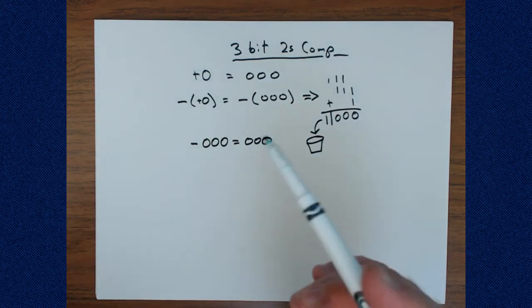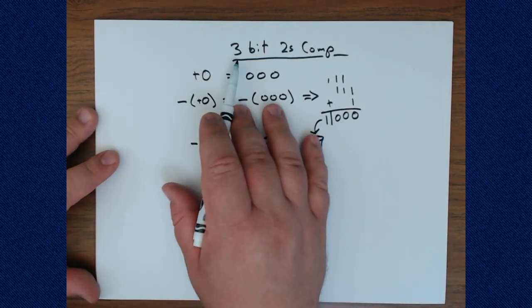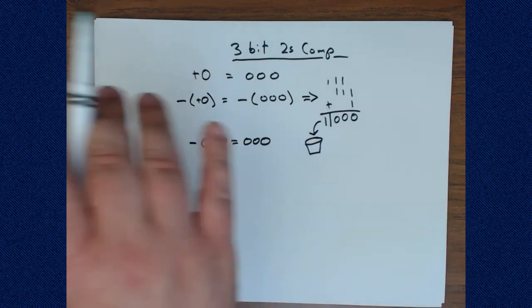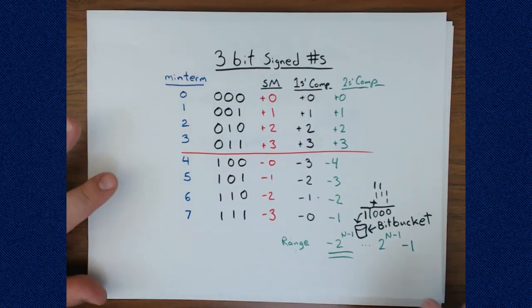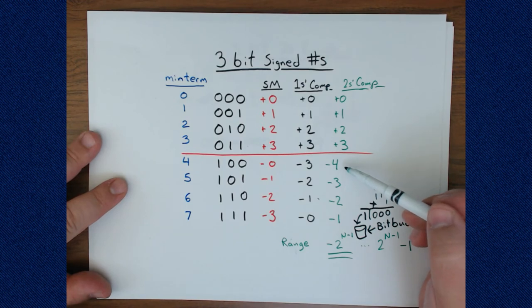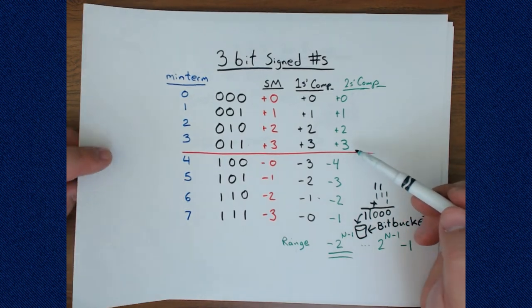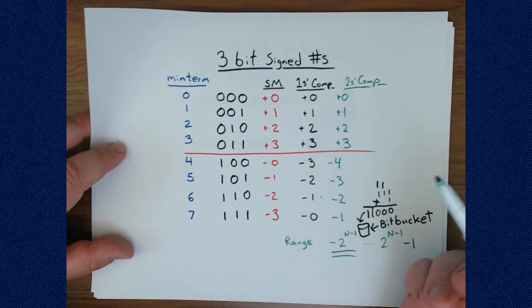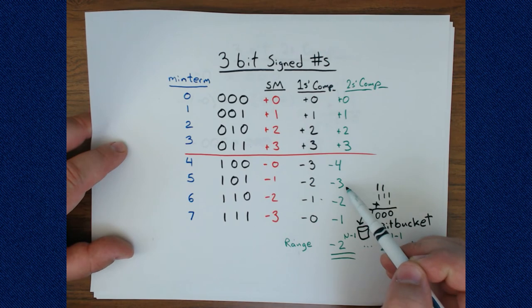Now, the next caveat, again, since we're on 3 bits, what I want to do is look at the extreme ends of our range. Remember, in our business here, our range now on the negative side goes all the way to -4, and on the positive side it only goes to +3. And we can easily guess that if we took +3 and negated it, we'll get -3.